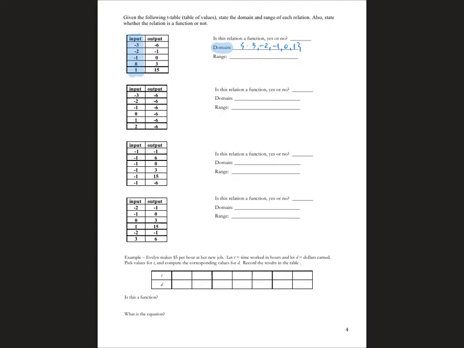Range values. Those are my output values. What is my range? -6, -1, 0, 3, and 15. Is this a function? Well, does every single input value go to a different output value? Yes, it's a function. Try the others.